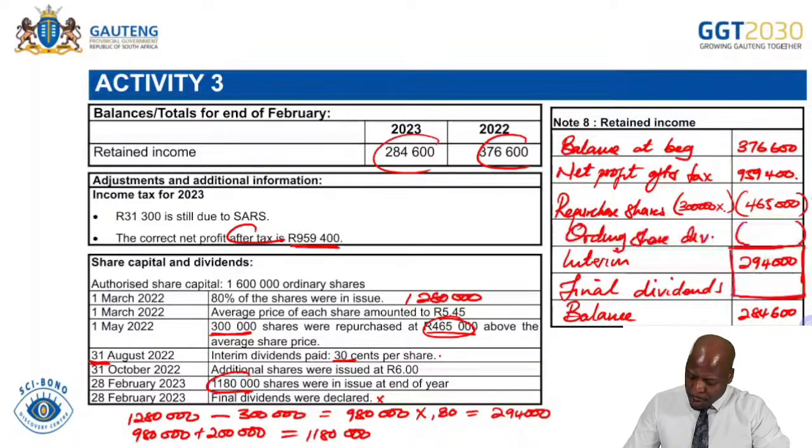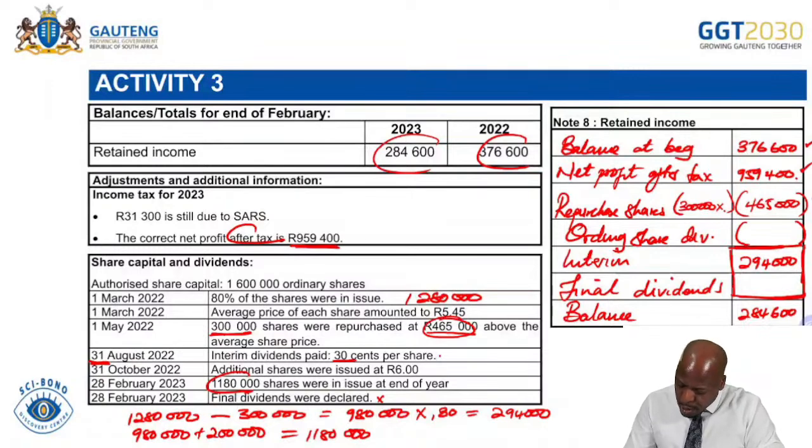In order for us to get these dividends, I want you to punch in the first figure, which is 376,600. Then of that 376,600, add the 959,400. How much do you get there?